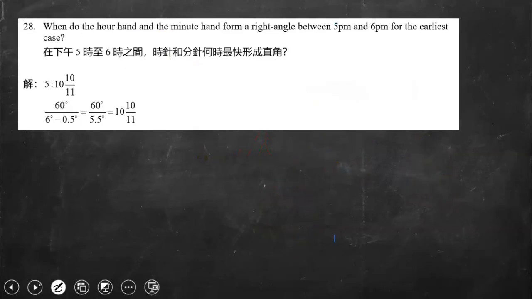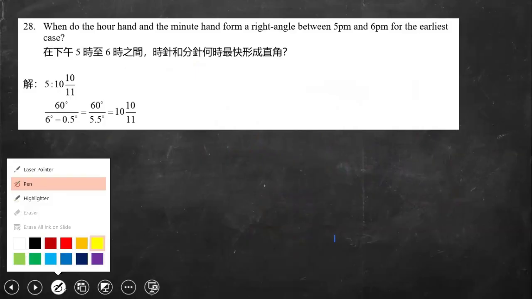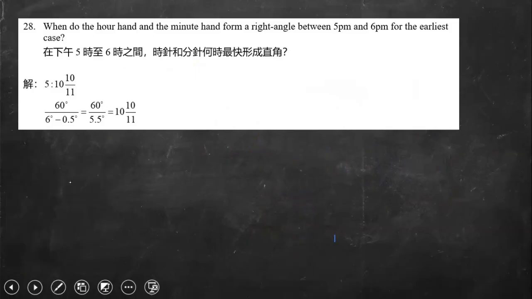Next. When do the hour hand and the minute hand form a right angle between 5 p.m. and 6 p.m. for the earliest case? So we have here, what's the annotation?